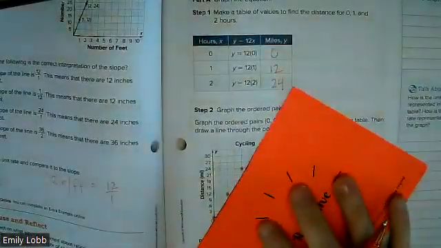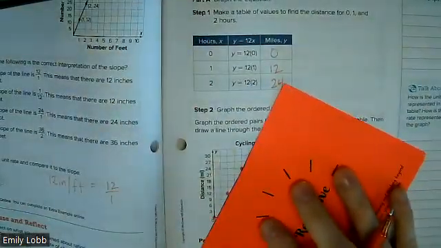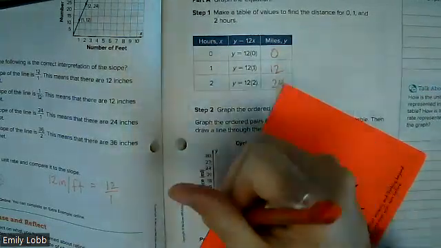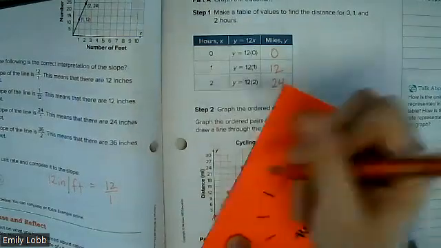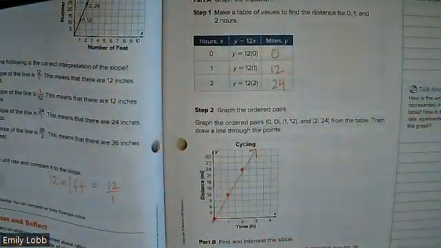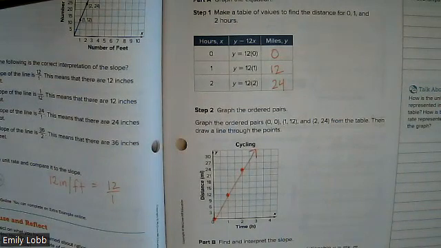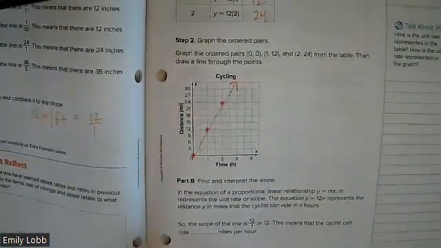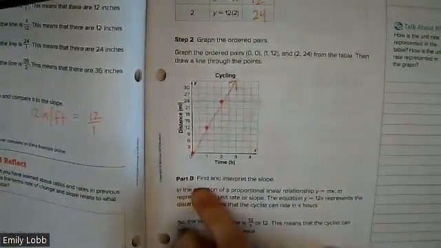So grab a straight edge, piece of paper, your planner, something, and draw a line through it. Usually, our line contains arrows in both directions, but since it's proportional, it's starting at 0, 0 and just going upward. Find and interpret the slope.